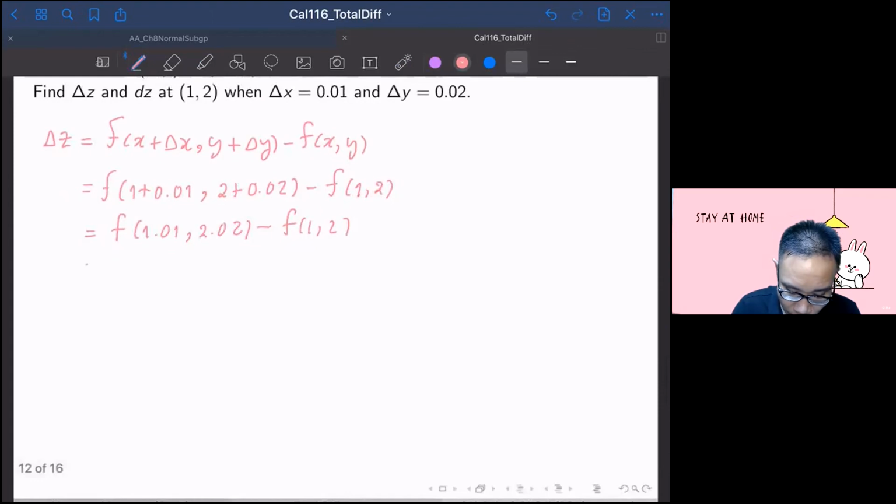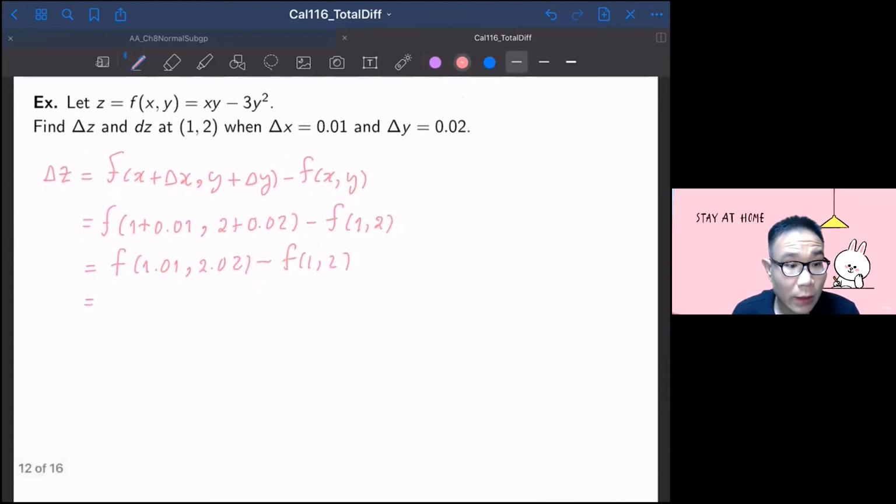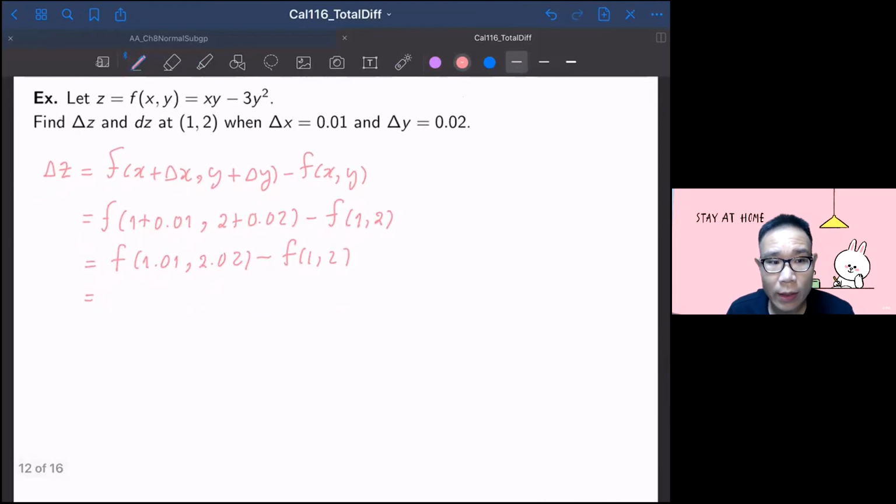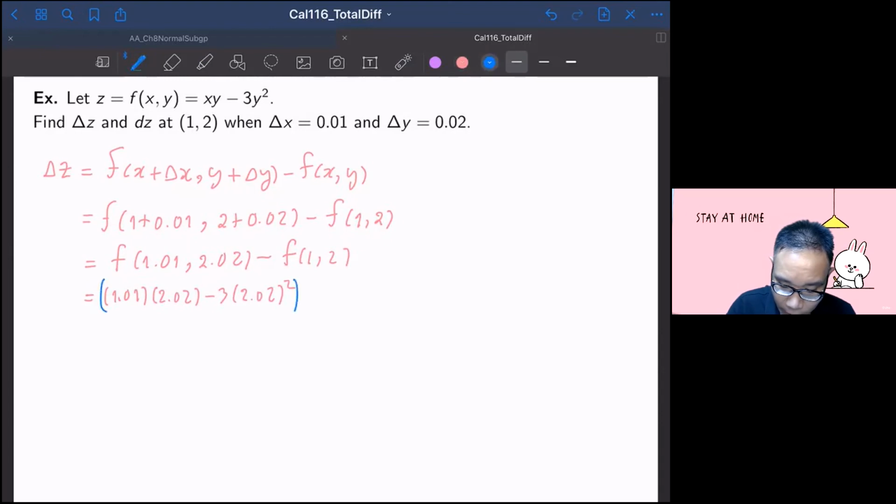You plug in x equal to 1.01 and y equal to 2.02, so it's 1.01 times 2.02 minus 3 times 2.02 squared. It's kind of funny to compute, and it's subtracted by the term that is quite simple: 1 times 2 minus 3 times 2 squared.